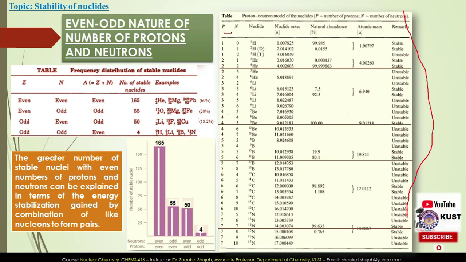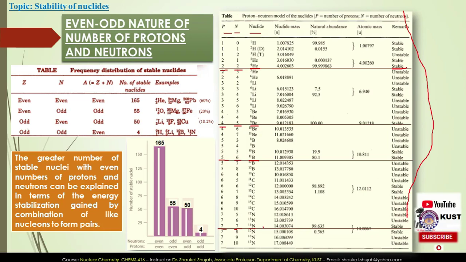It can be seen that the stable isotopes may have even proton number and even neutron number, as is the case in helium-4, or even proton number and odd neutron number, as in beryllium-9, or odd proton number and even neutron number, as in boron-11, or odd proton number and odd neutron number, as in the case of nitrogen-14.